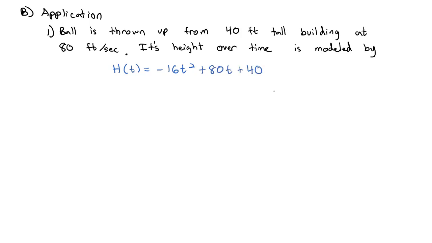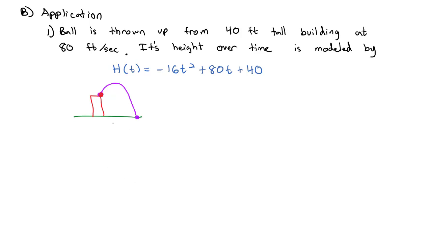Turns out everything that's falling down to Earth, or falling down to any planet really, follows a quadratic motion. To kind of get a visual of what's happening here, we've got the ground, there's a building on the ground, and somebody on top of the building, at this dot, has thrown a ball up into the air, and then it eventually falls down to the ground.